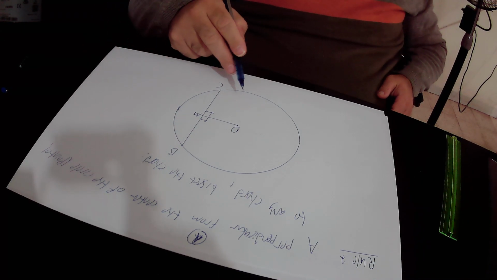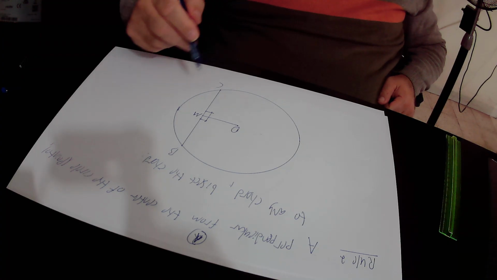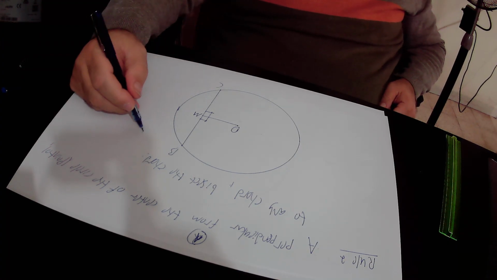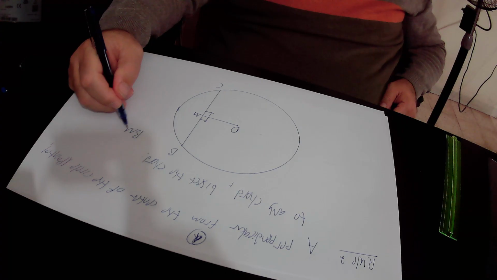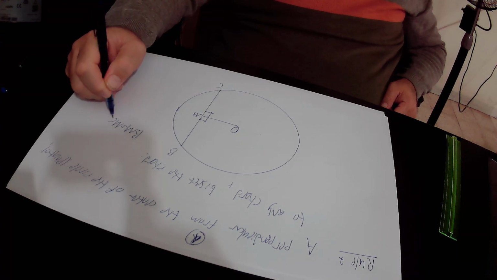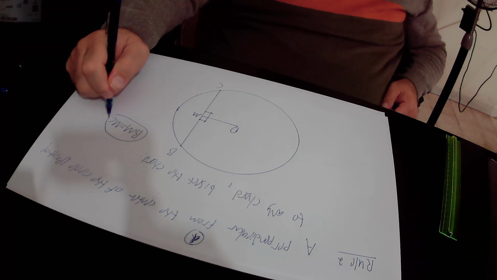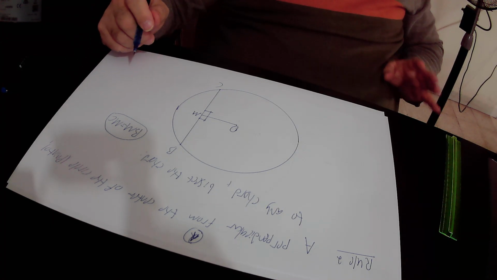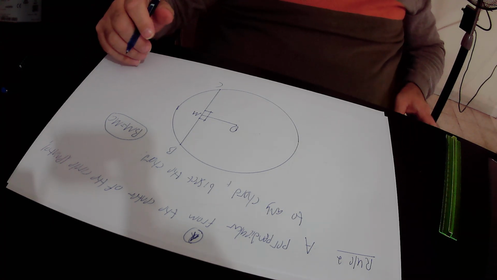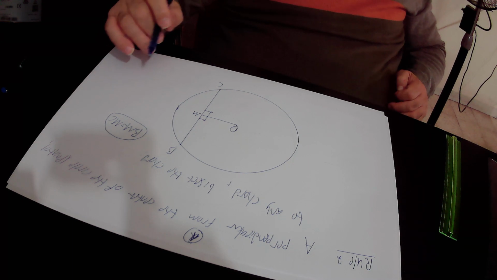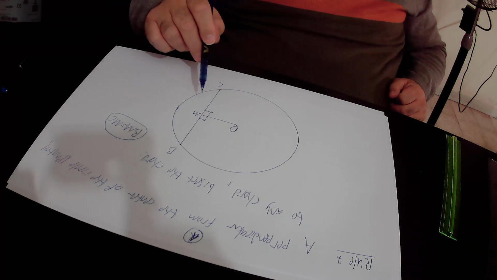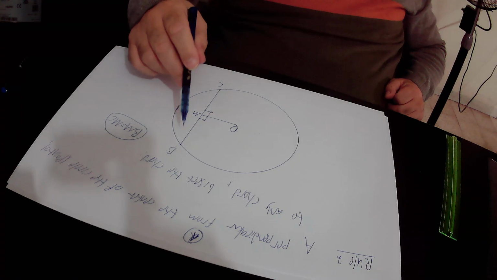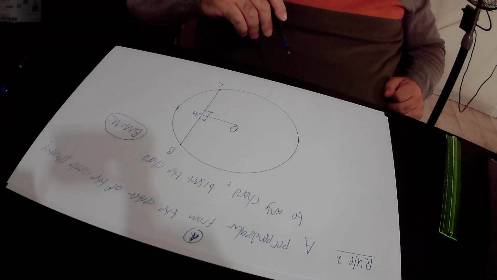So if perpendicular OM bisects chord BC, it means that BM equals MC. Whenever we draw a perpendicular from the center of a circle towards any chord, it will bisect the chord. In this case, perpendicular OM bisects chord BC, that is to say BM equals MC.